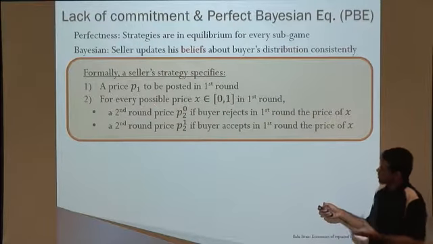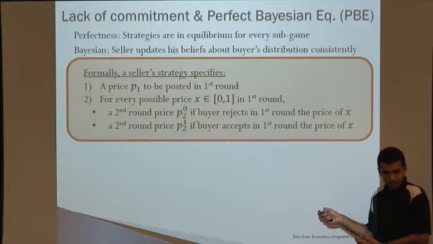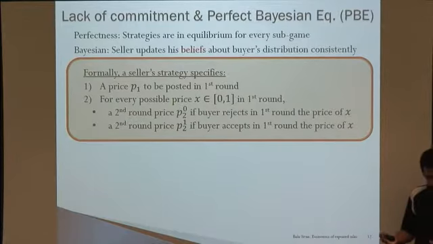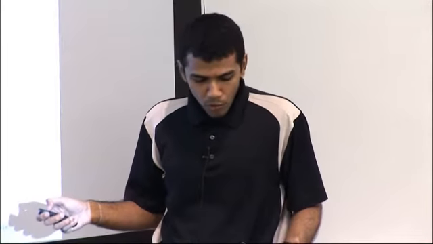Now let's think about this. Clearly a strategy should specify the price on the first round, and the second round after rejection and acceptance. Why is it that we should specify the price in the second round for every possible price on the first round, right? For doing this, you have to put yourself in the shoes of the verifier, right? I gave you a pair of objects called strategies, and your goal is to verify that these are mutual best responses. What all information do you need to do this? If I tell you that the price on the first round is P1, you have to see why he can't put a price different from P1, some X, right?